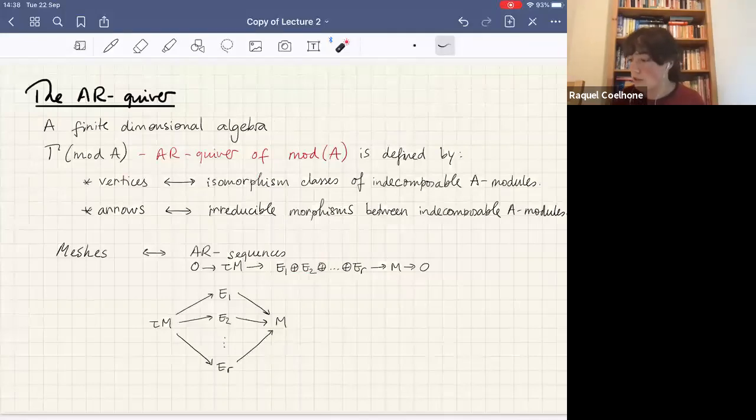So now I can actually give the definition of the Auslander-Reiten quiver. For a finite dimensional K-algebra, what will be this quiver? It's a new quiver. It's got vertices and arrows. The vertices will correspond to the indecomposable modules. And as I said, the arrows will be the building blocks of the morphisms, which will be the irreducible morphisms.